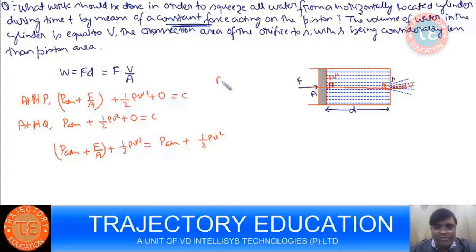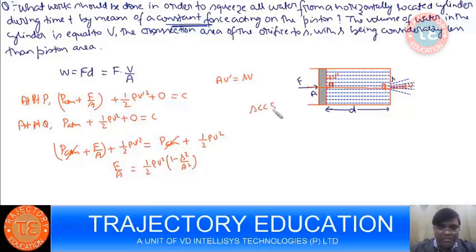We have the equation of continuity also, according to which A V dash is small s into V. So this is going to be cancelled out, or this is rho V square into 1 minus s square by A square.